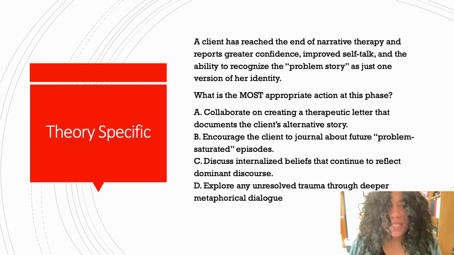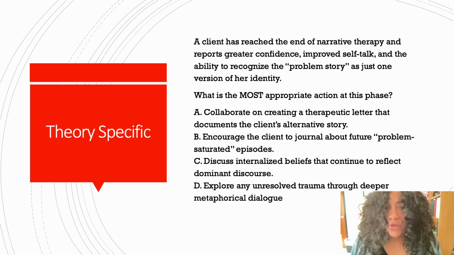If we take a look at this question, it sounds like we're closer to the end of therapy, right? Because she's reached the end of narrative therapy, with confidence and improved self-talk. So what would a narrative therapist do in the end phase of therapy? Take a look at some of the responses. Make it make sense.